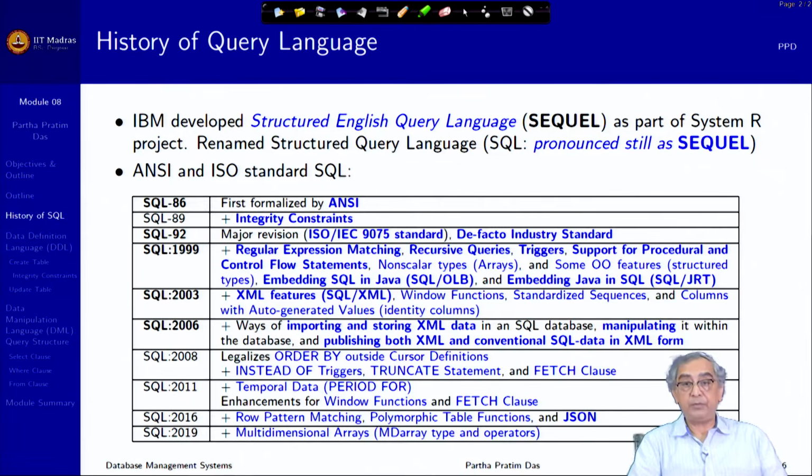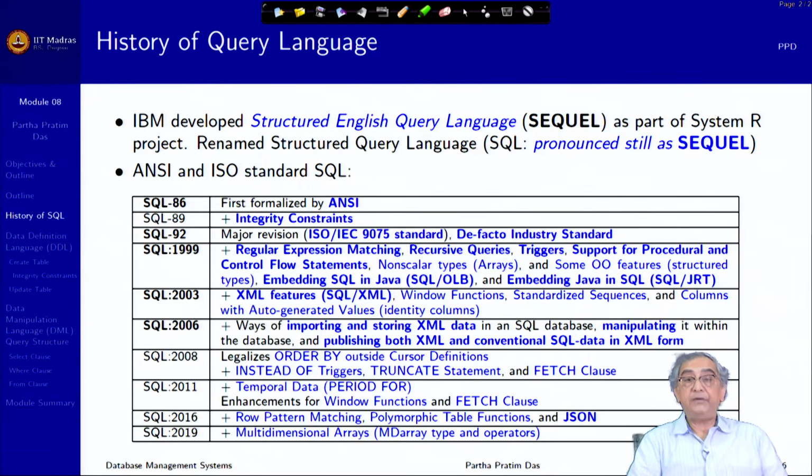Both of these embeddings are possible, so that you can choose which part of the task you would like to do as relational operations or database operation, and which part you would like to do in a standard programming language like Java.